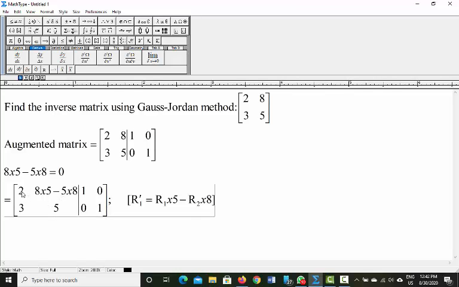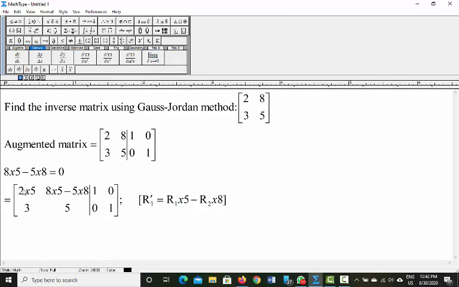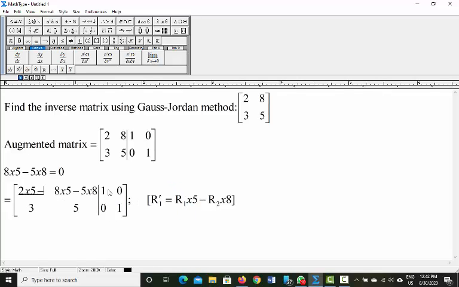So similarly, this is the element of row 1, so with row 1 we will multiply 5, then minus with row 2.